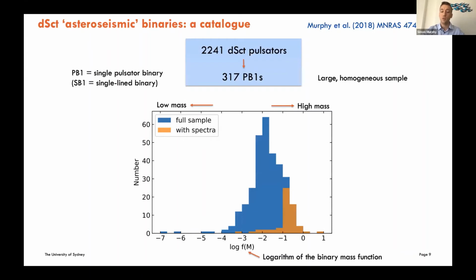One statistic we might look at is the logarithm of the binary mass function. In this plot, systems on the right-hand side have high mass functions, meaning high mass companions, and on the left we have the low mass companions. In this project, we decided to observe the stars with high mass functions with Keck HIRES, and that's the sample shown in the orange histogram.